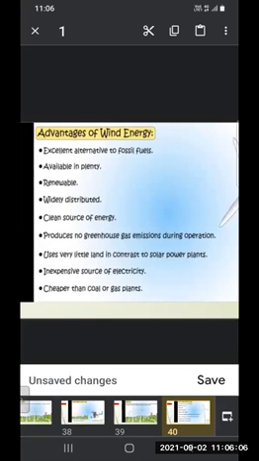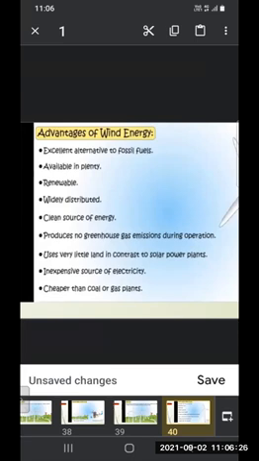Uses very little land in contrast to solar power plants. Solar power plants, that we will study, will be the last part of this chapter towards green energy. So we have to compare wind energy as well as solar energy power plants.